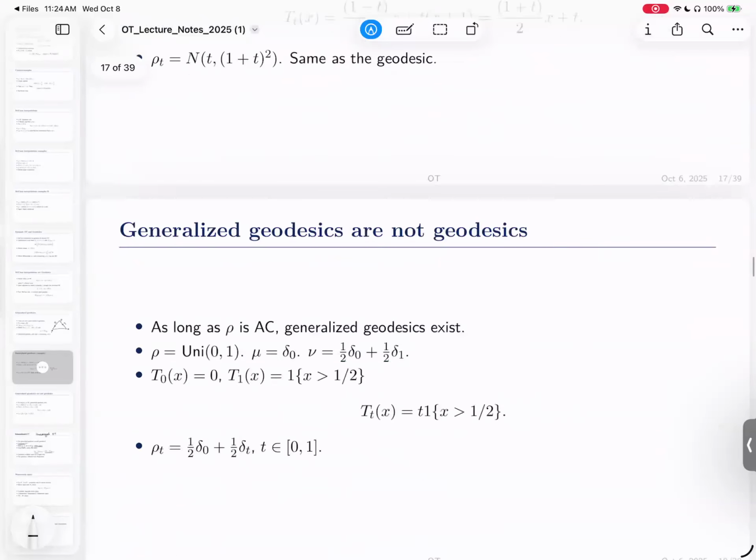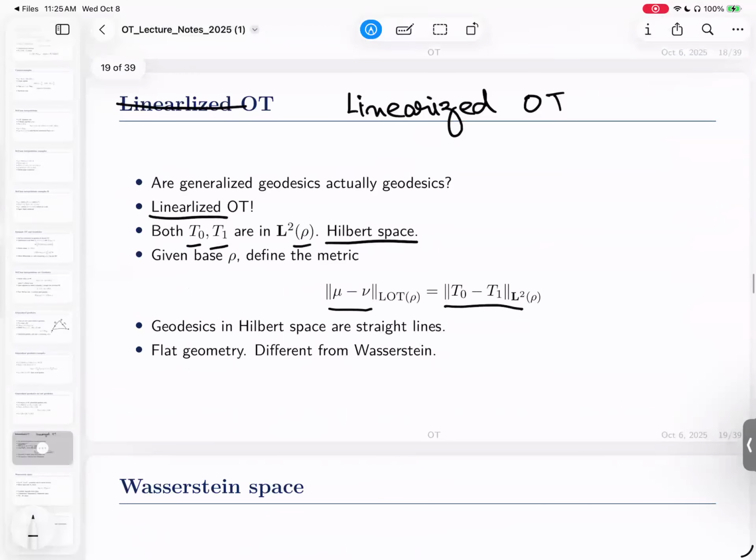The point here is that both T0 and T1 are members of L2 of rho. This is a Hilbert space, and over it there is the usual L2 norm. So I can measure how different T0 and T1 are according to the norm of the Hilbert space, and I can define a distance between the probability measures mu and nu using that distance between T0 and T1.